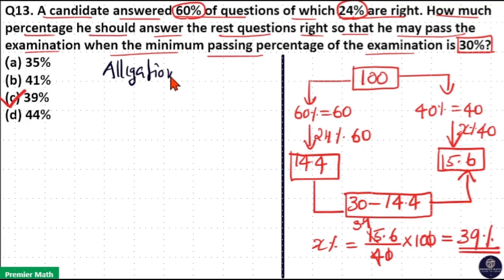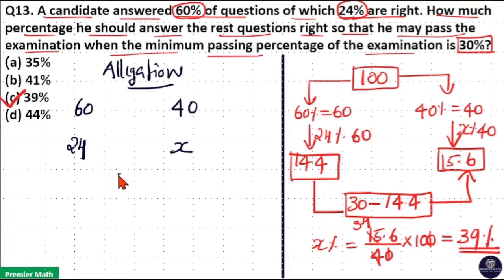Let's use allegation method. Here 60% questions he answered and remaining unanswered question is 40%. Out of this 60%, he corrected 24% of the questions. So, in order to get 30% mark, he should correct X percentage out of this 40 questions.